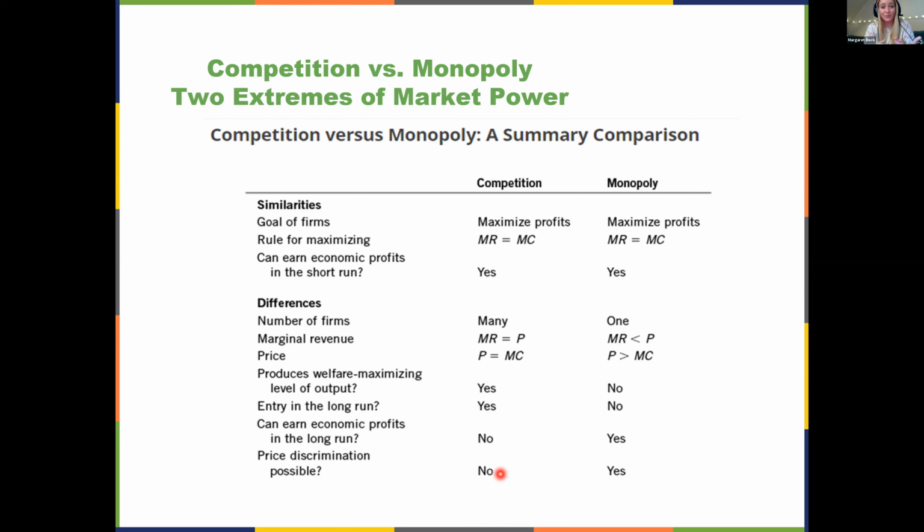They can't change up the price based on the person's age or any other factors about the buyer, that a monopolist may be able to exploit different characteristics of different types of people.